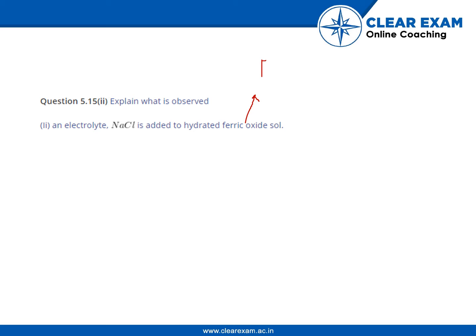Basically ferric oxide is Fe2O3, and since it is hydrated, it has some water of crystallization. Okay, so I will write it Fe2O3.xH2O. It is reacted with sodium chloride, which is written as NaCl.